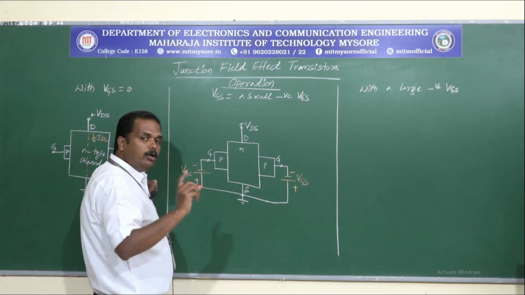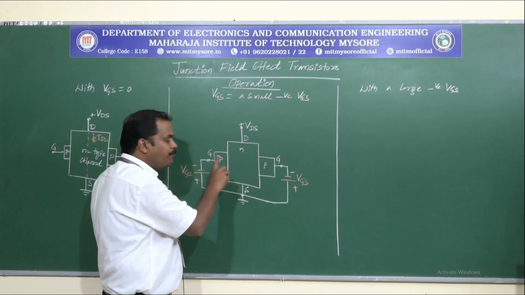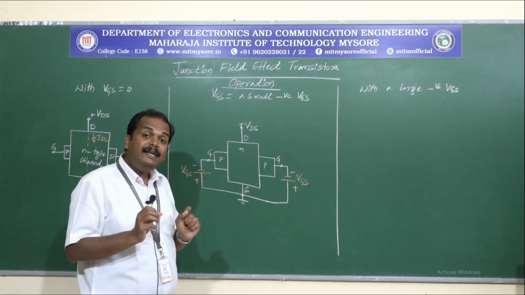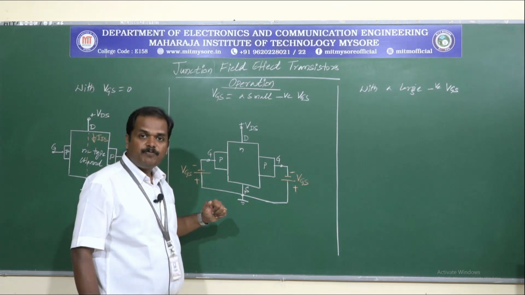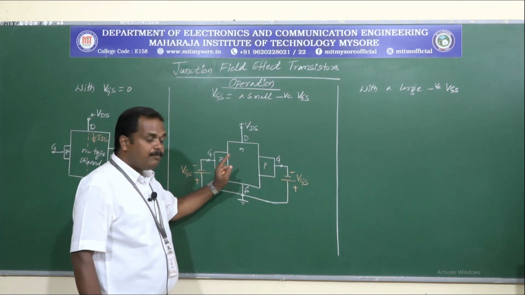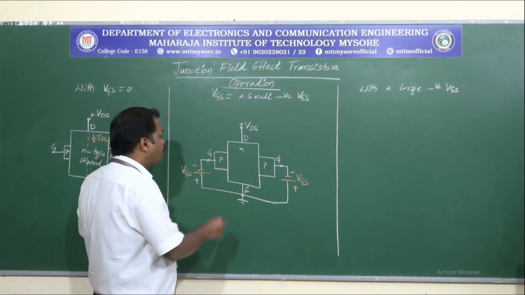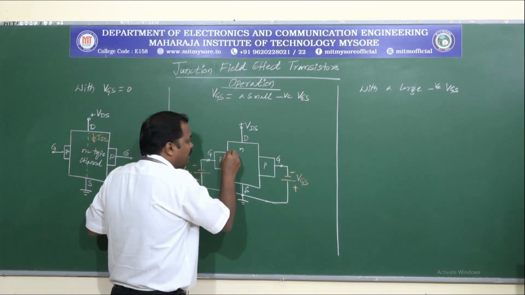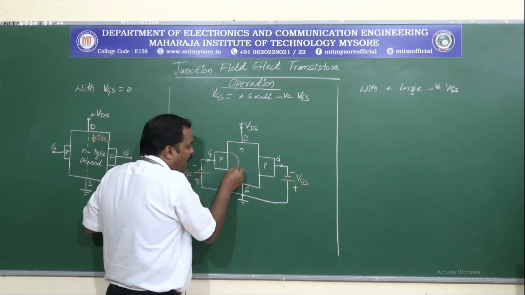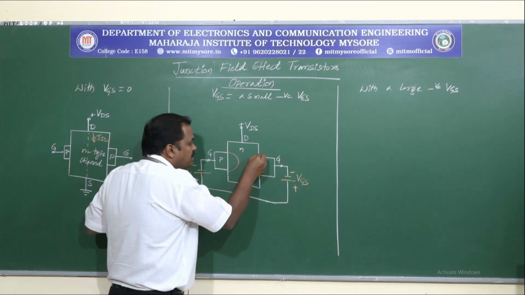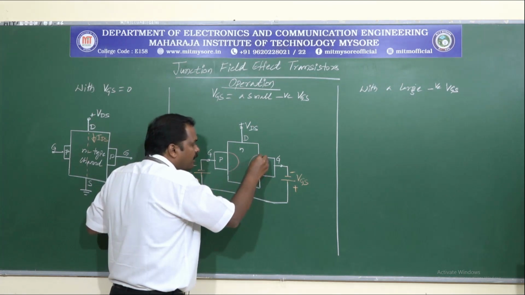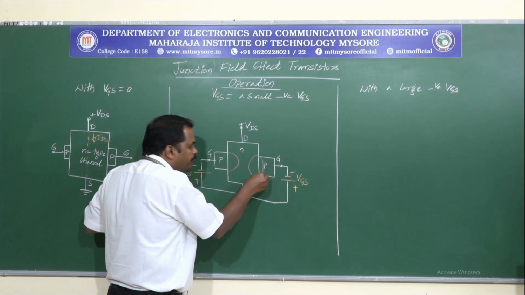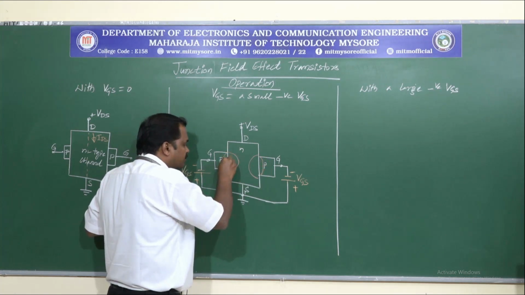And the point to be noted is, the N-type channel is lightly doped compared to the P-type regions. Because the N-type channel is lightly doped, the depletion region towards the channel will be deeper compared to the gate regions.